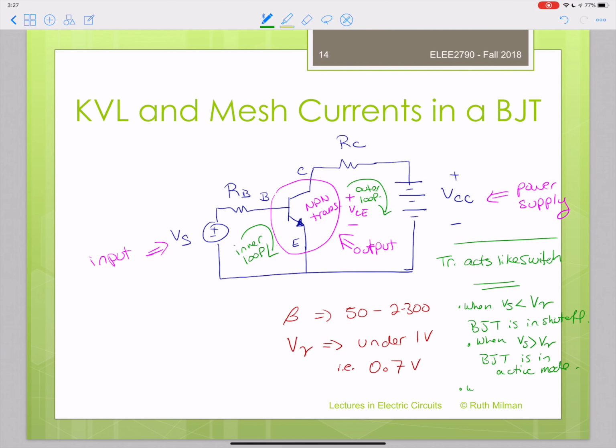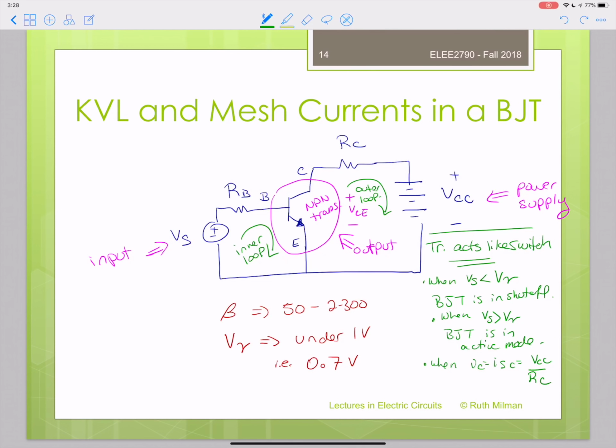So when IC is equal to ICS, which is just that power supply divided by that resistor, no more current is capable of flowing. When that happens, the BJT saturates. So again, if the source current or the maximum current reaches VCC over RC, you're in saturation mode.